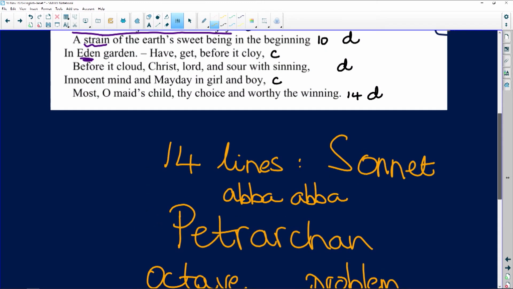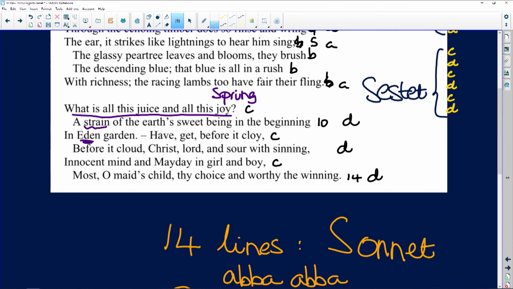And then he links it from spring, the season, to girls and boys. So he says spring is a time of juice and joy and innocence and sweetness. And he says, you know, that's what it is in boys and girls, in young people, in you guys.